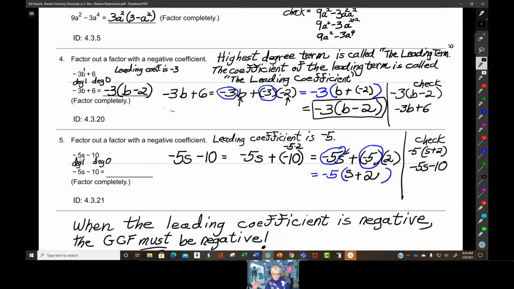And that is precisely what I started off with. So I am going to write this here, and in my math lab, this is the answer box, the blue answer box. Negative 5 parentheses s plus 2.